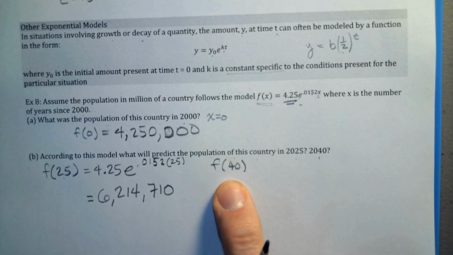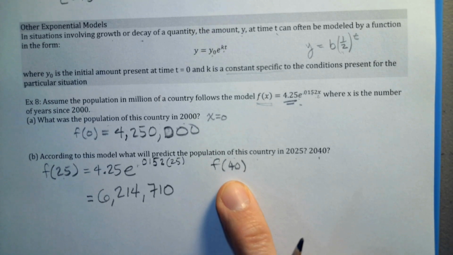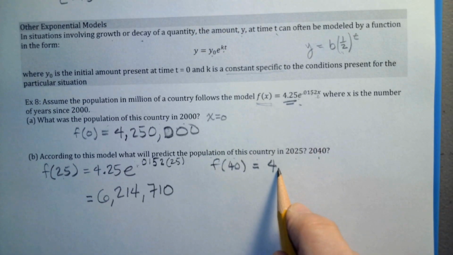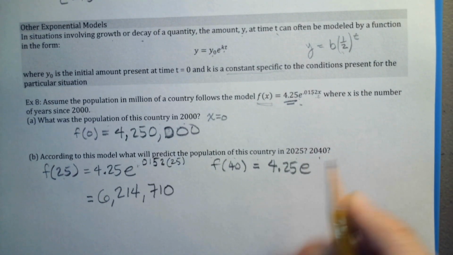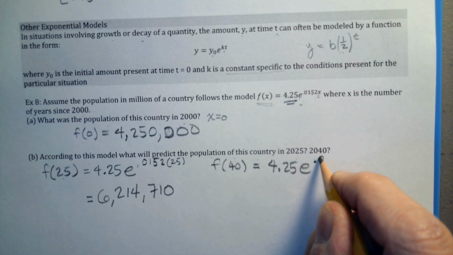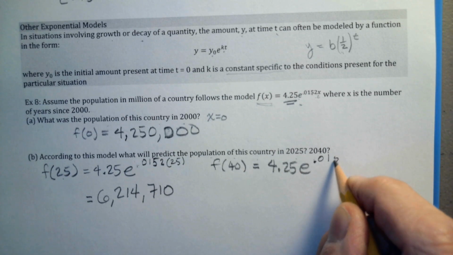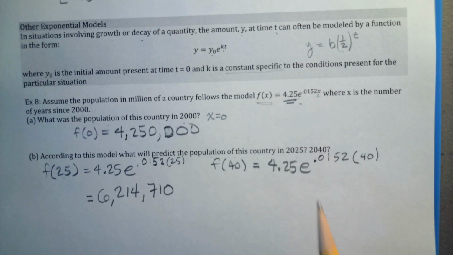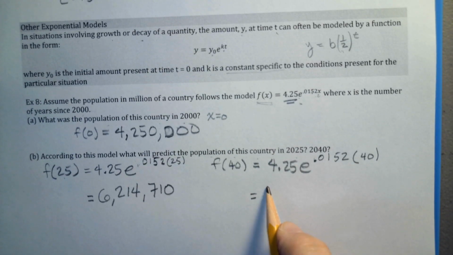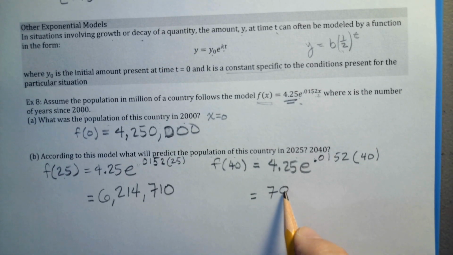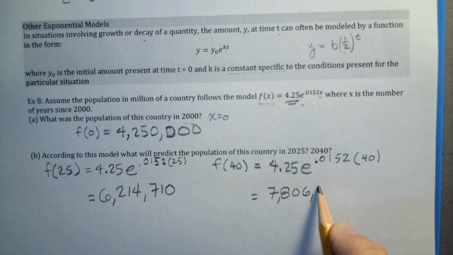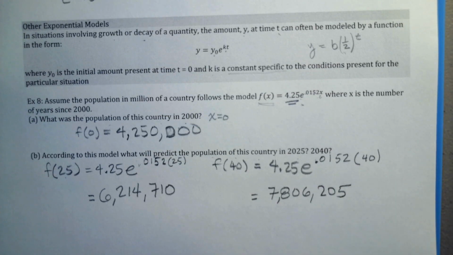And then in the year 2040, x will be, of course, 40. So now we have 4.25 e raised to the 0.0152 times 40. Plug that again into your calculator. So the population should be about 7,806,205. Okay?